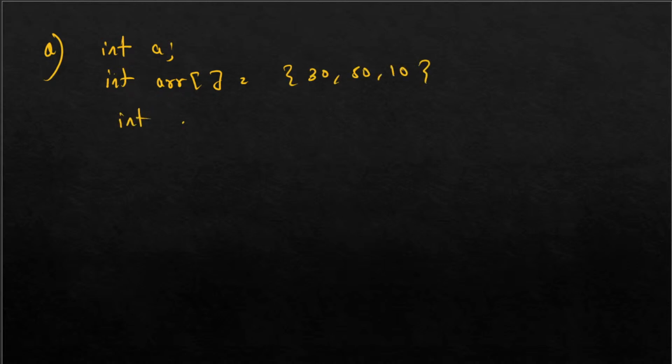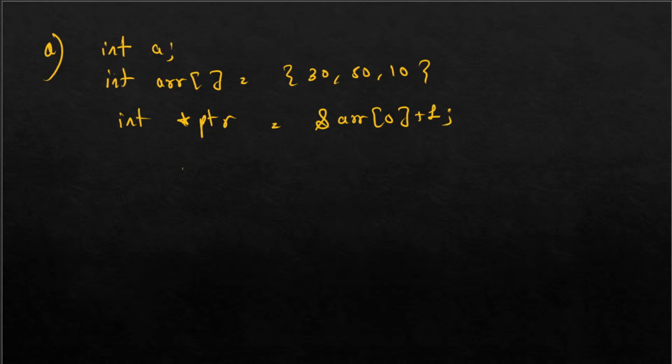int a; int ARR equals to 30, 50, 10. Okay. int pointer PTR equals to address of ARR of 0 plus 1.